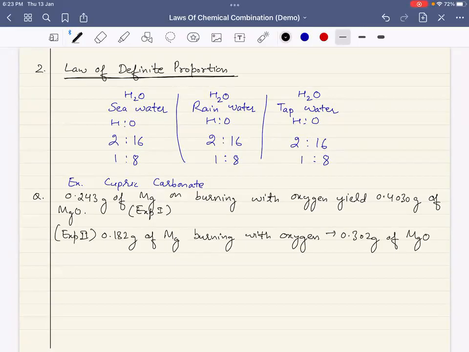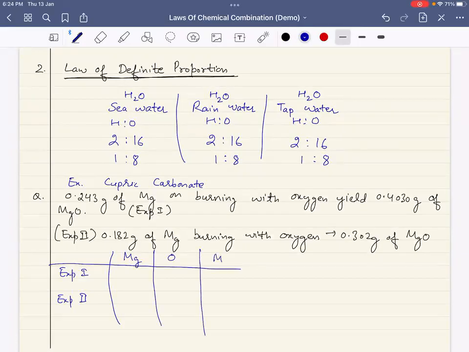Now let us write for experiment 1, then for experiment 2, the magnesium amount, oxygen amount, and magnesium oxide. From experiment number 1, the amount of magnesium given is 0.243 and the amount of magnesium oxide given is 0.403. Now you can calculate the mass of oxygen.